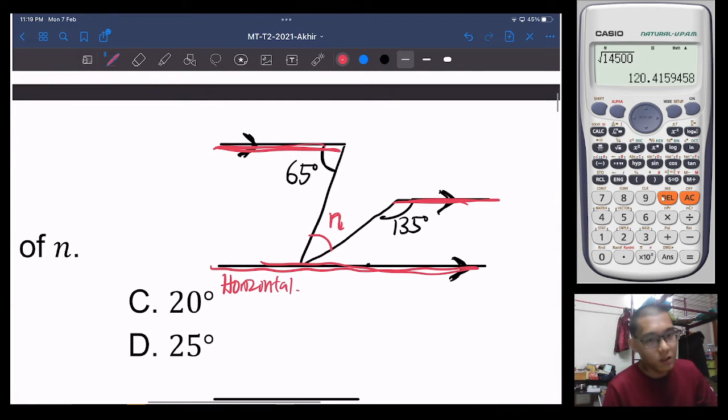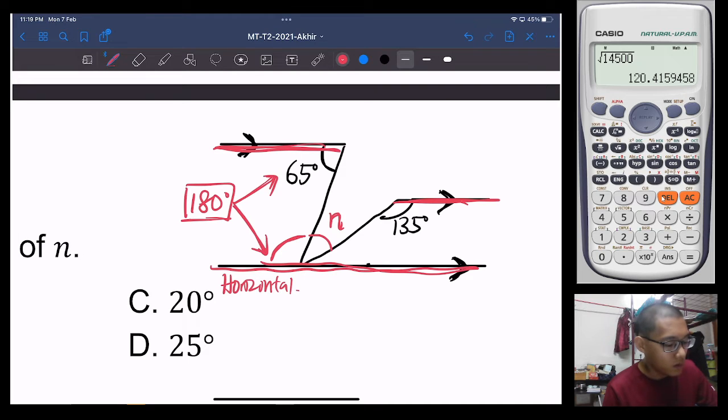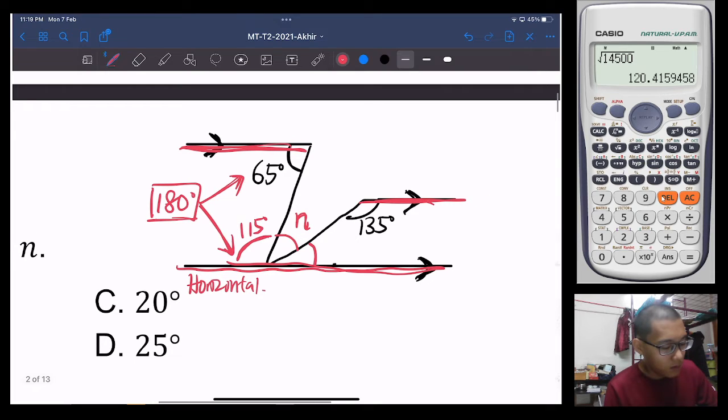We understand that in parallel lines, the sum of interior angles is equal to 180. The sum of these two angles is 180. So we can find this angle. How many? We have 115. So this one, we have 45, because the total should be 180.